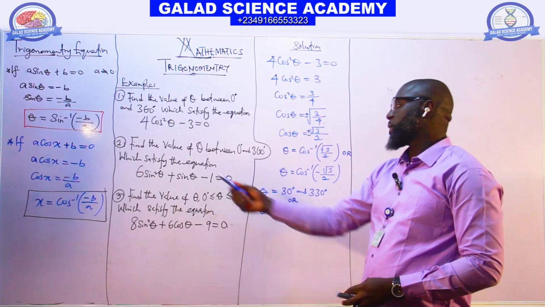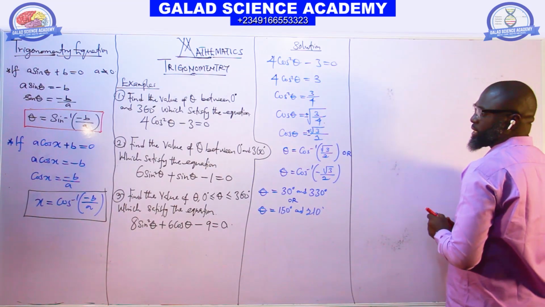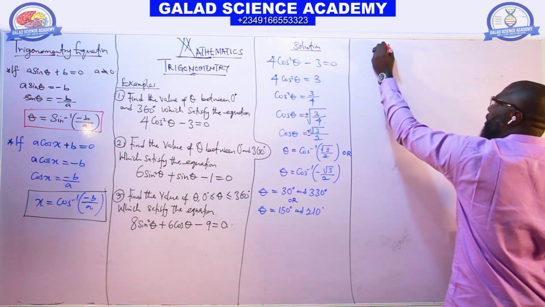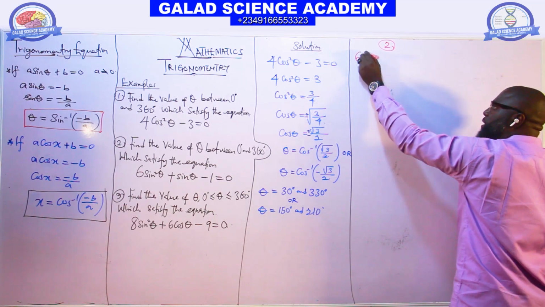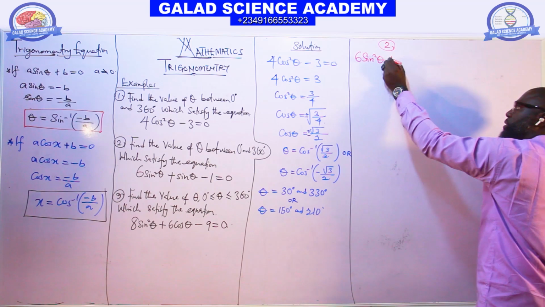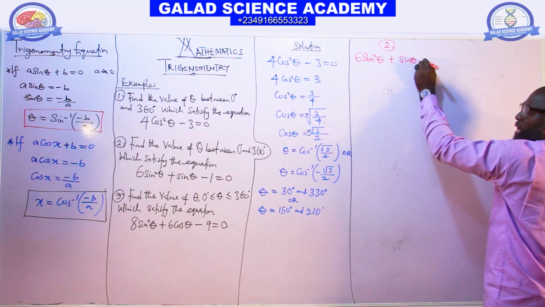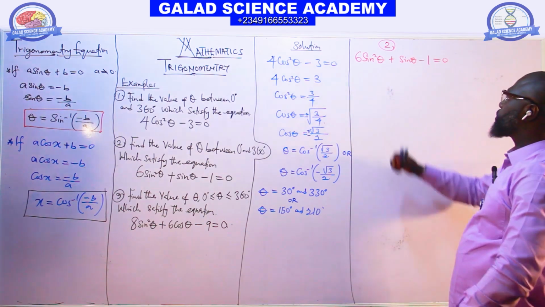The second question, we are given 6 sine squared theta plus sine theta minus 1 equal to 0. Look at this one now.